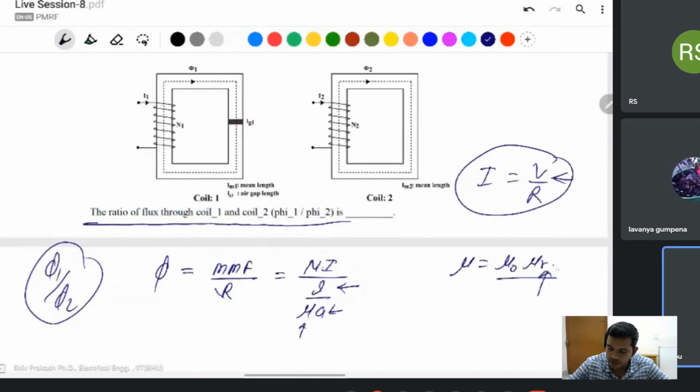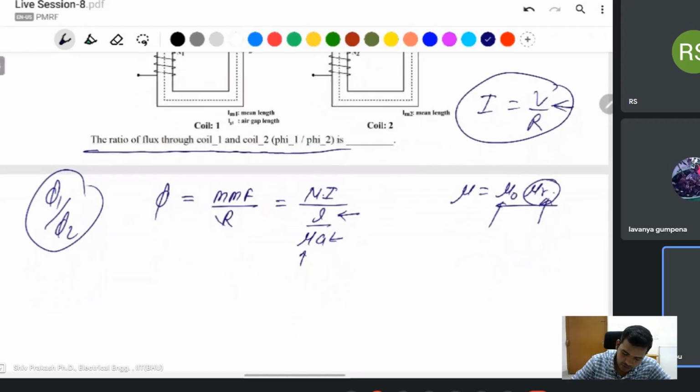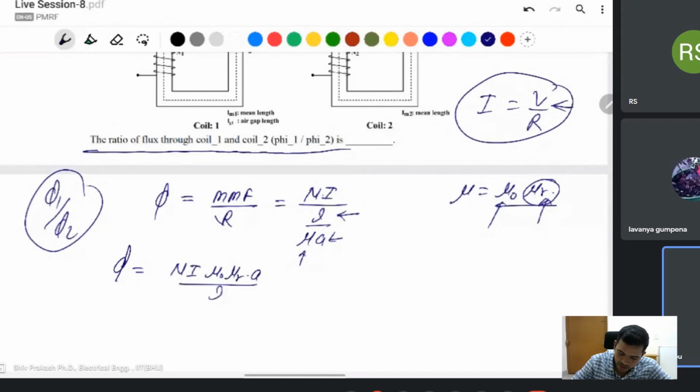If a material is present, then mu r is present. If material is not present, as in an air core, mu r is the same as mu naught. Then you can say phi is equal to N I mu naught mu r A divided by L, which is the flux.